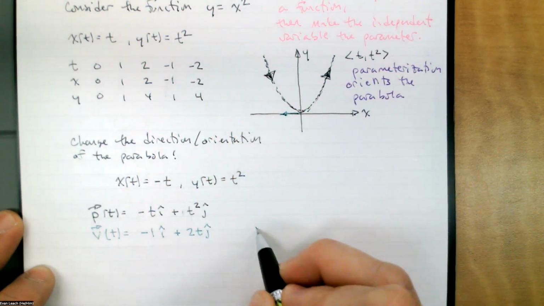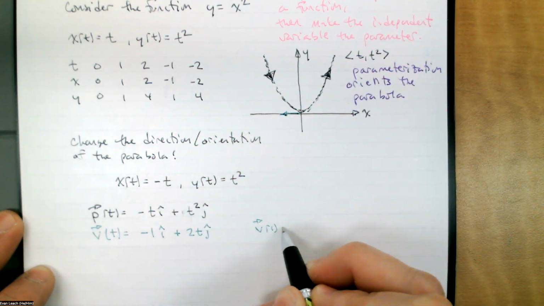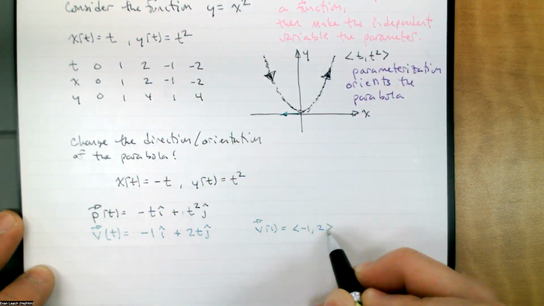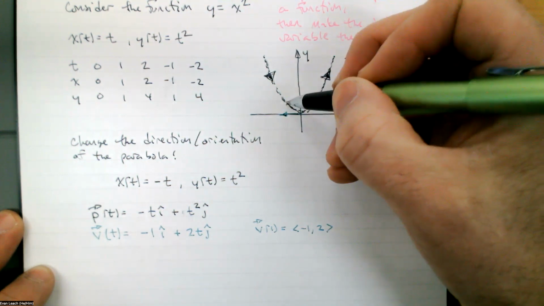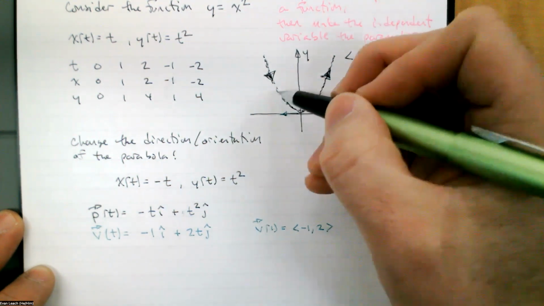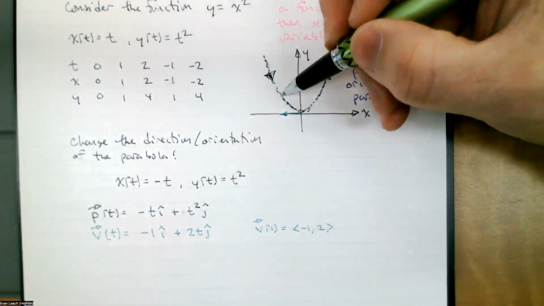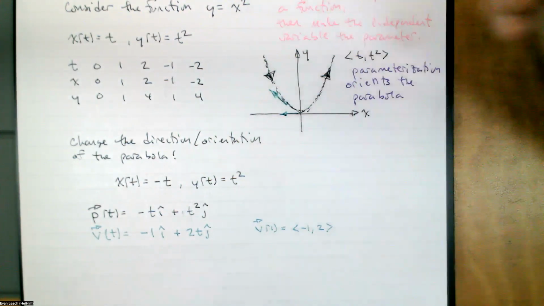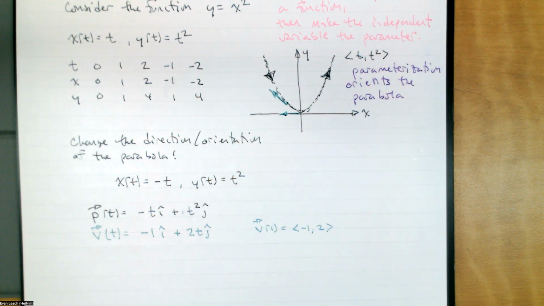If we look at v of 1, we'll have -1, 2. So we'll go -1, 2. We have a slope of -2, just like we expected. Our delta y over delta x is still a slope of -2, just like we expected.